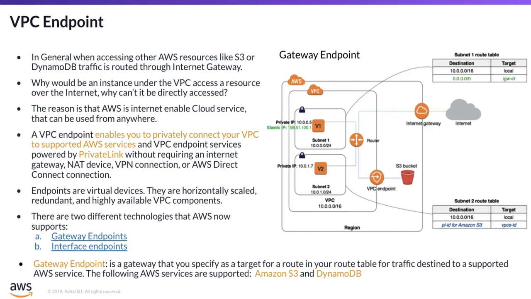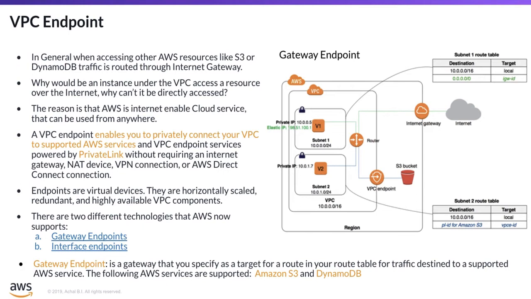What we can do is use a component AWS provides called a VPC endpoint, so the resources in the VPC can privately talk to these resources with the help of VPC endpoints.